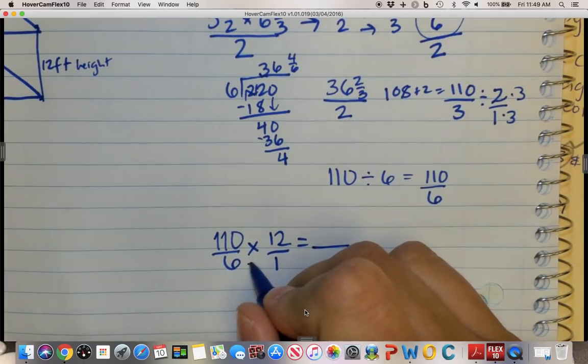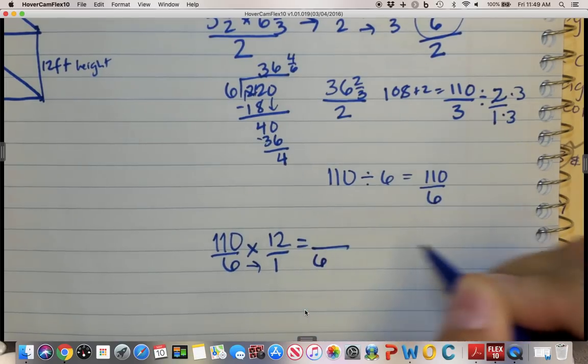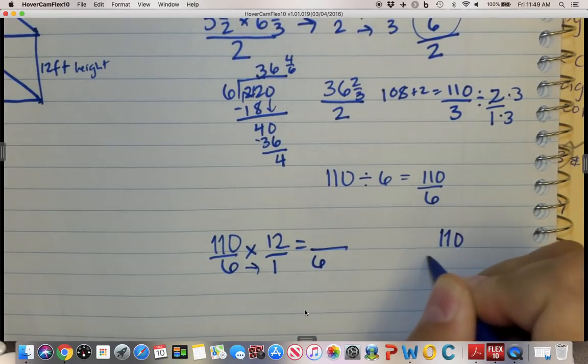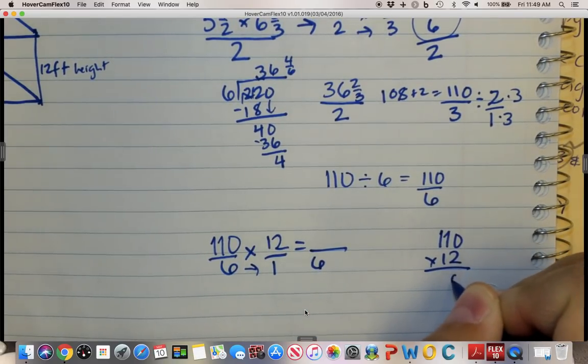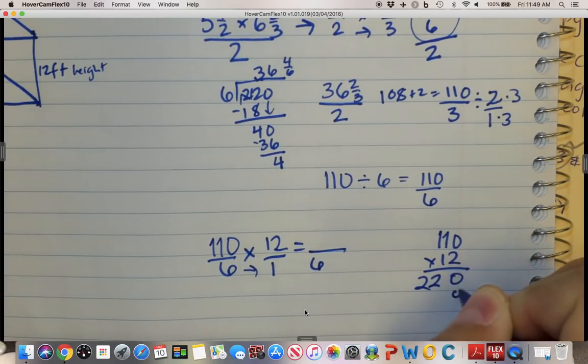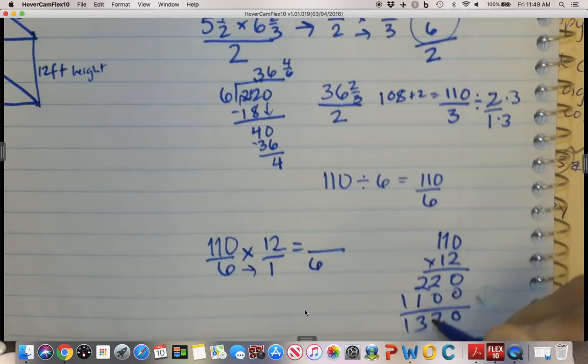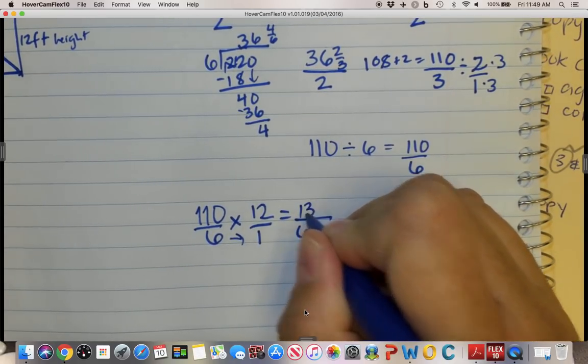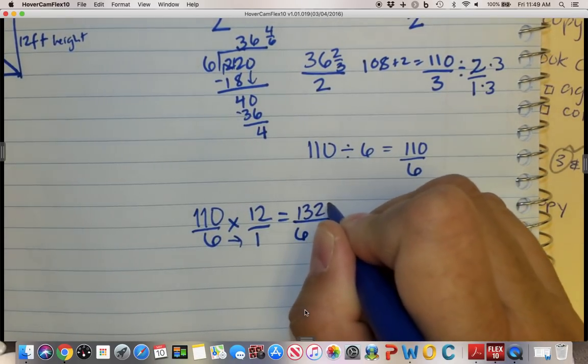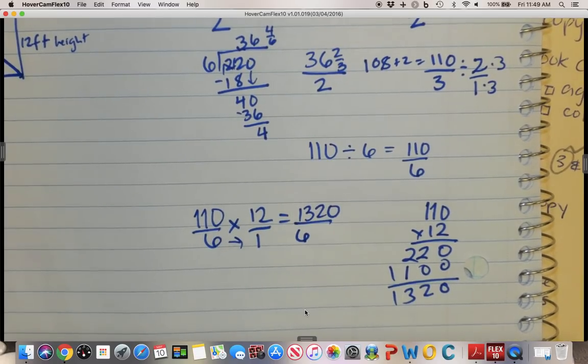Multiply straight across. 6 times 1 is 6. 110 times 12 is $1,320. Now I can simplify.